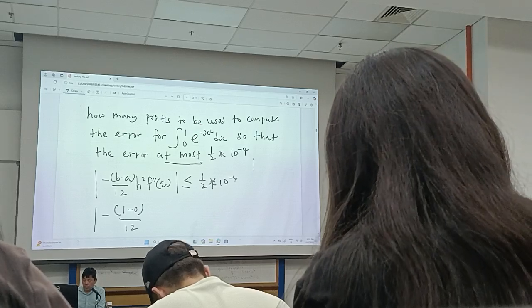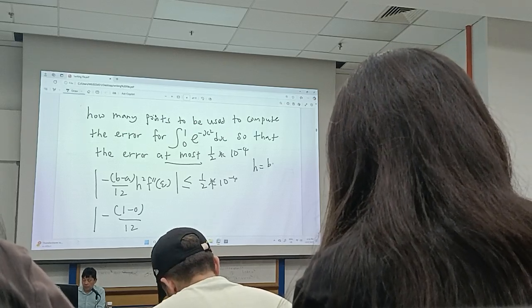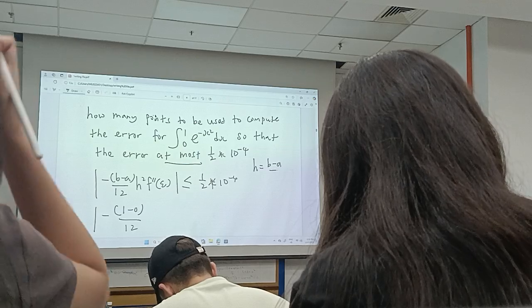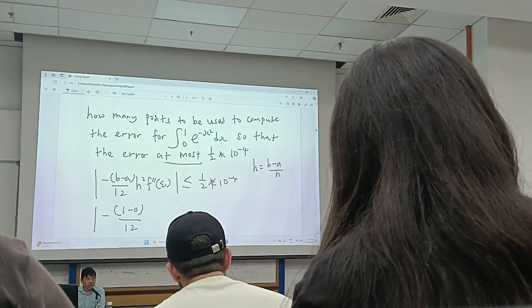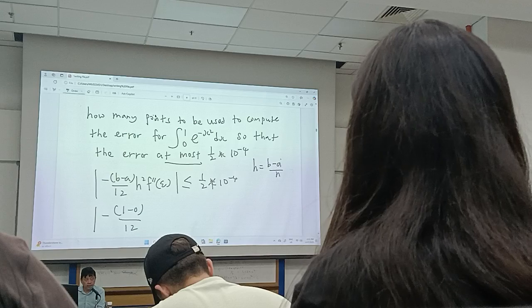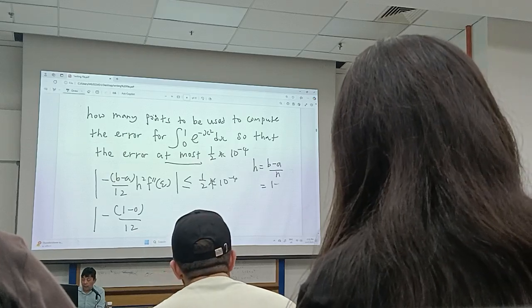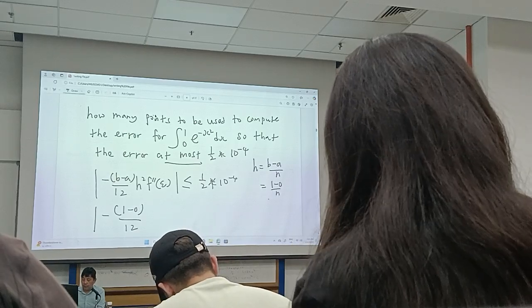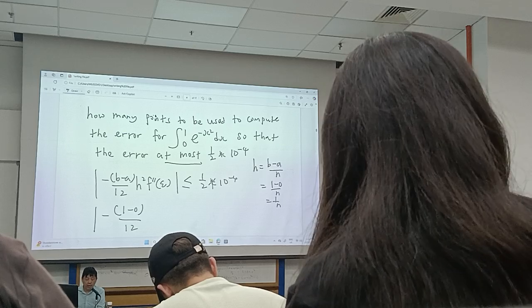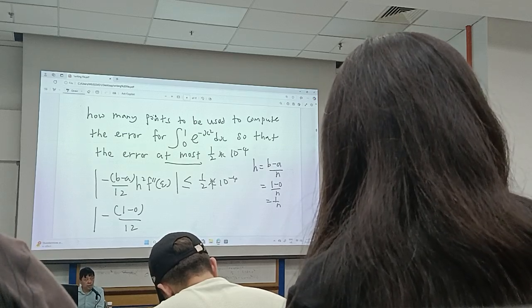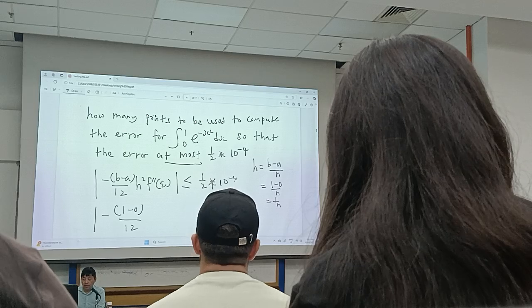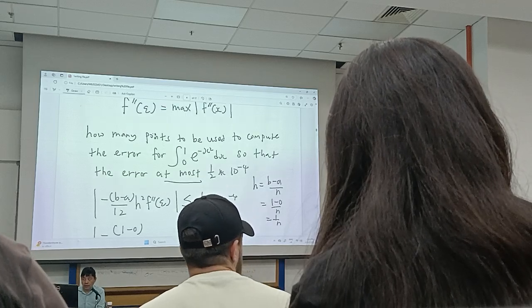So still remember how to get h? b minus a over n, over number of parts, right? So 1 minus 0 over n, 1 over n. Okay, so still remember what is n? n is number of parts, right?